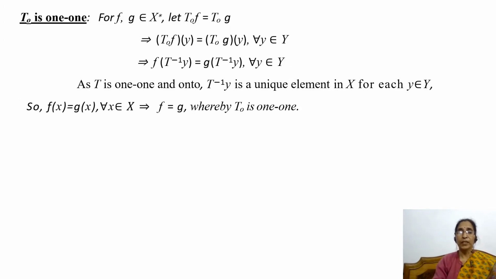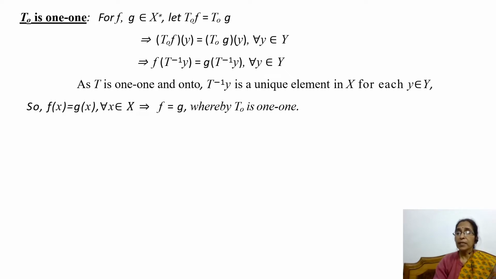Now we show that T naught is 1-1. For F and G in X star, let T naught F be equal to T naught G. Since T naught F and T naught G are mappings from Y to K, they must map every element of Y to the same element.